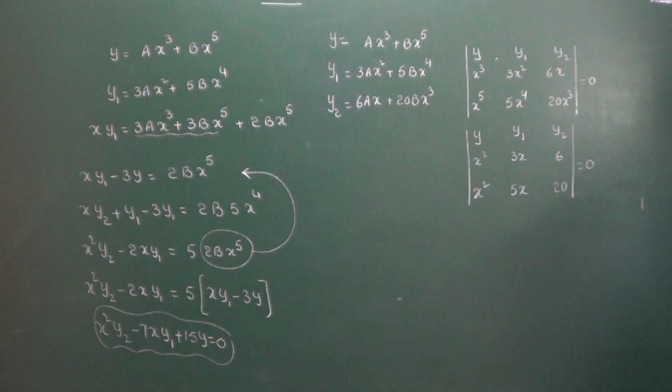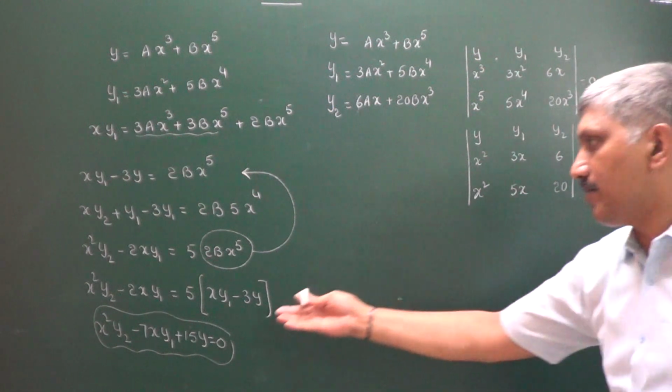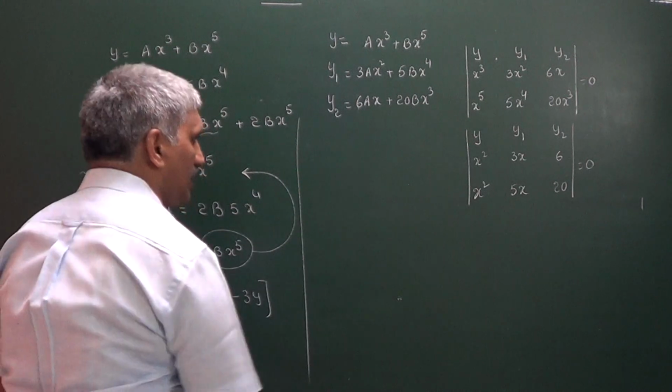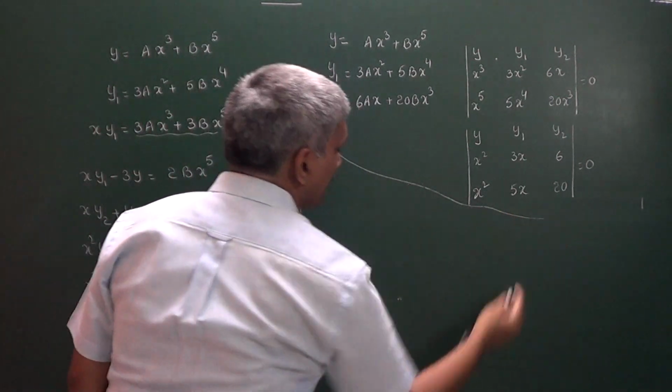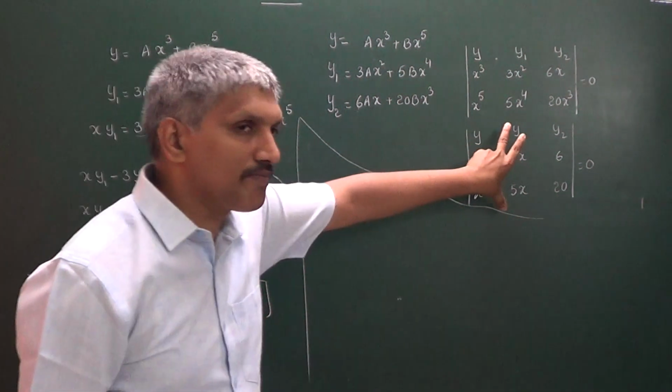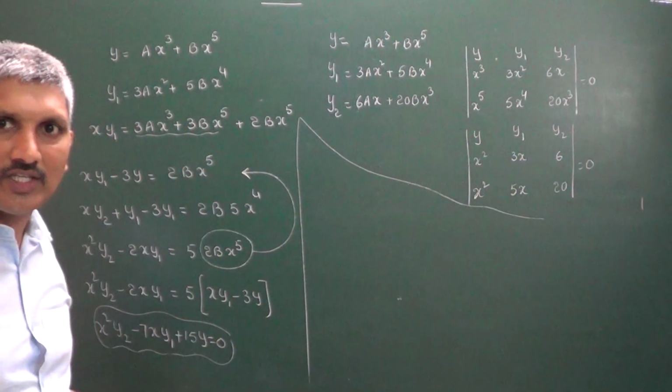Now find out the value of the determinant. This determinant value you will get the same as this one. Right? But directly we can write the answer in this way. Here whatever answer we got, this simplification also we will get the same answer.